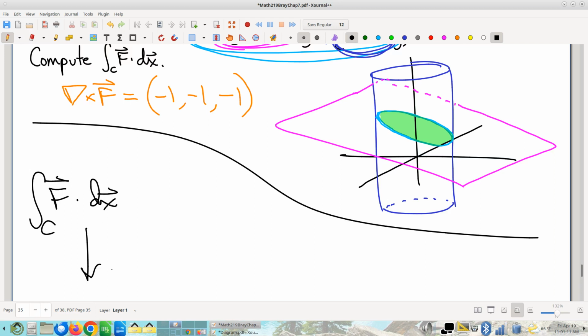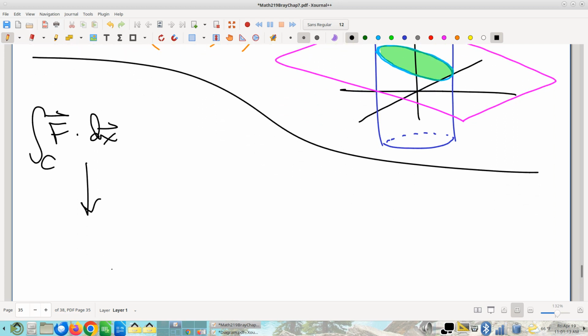See what you get, see how that works. But then also take the flux through your new surface S of your curl vector field dot dS, again, by parameterizing the surface. See what that gives you.